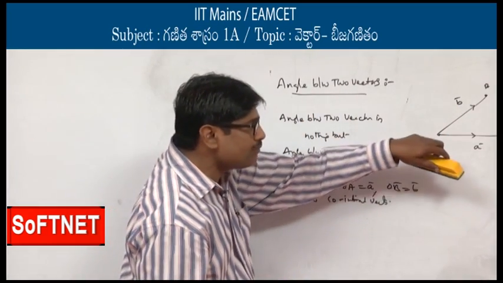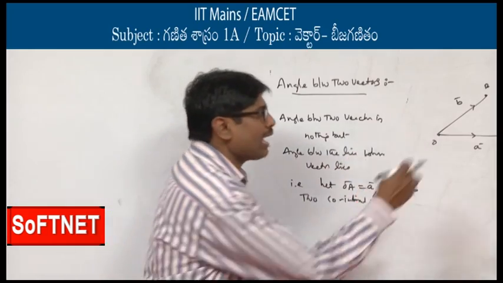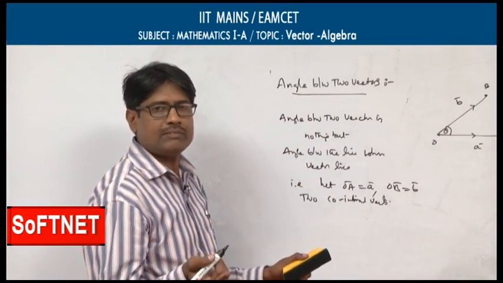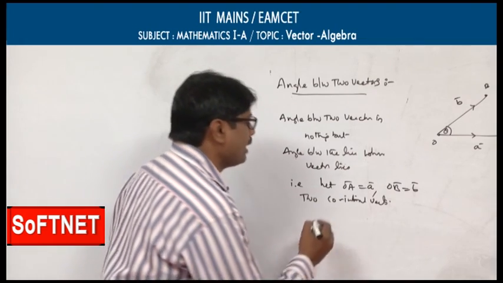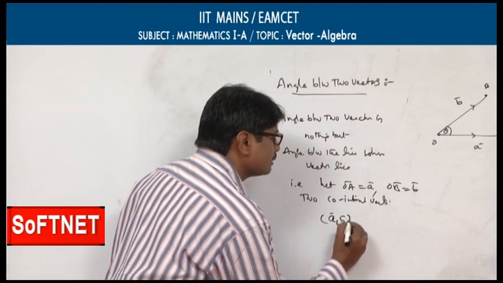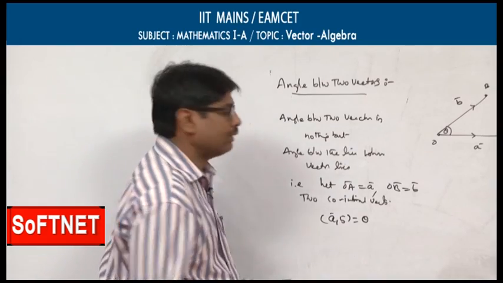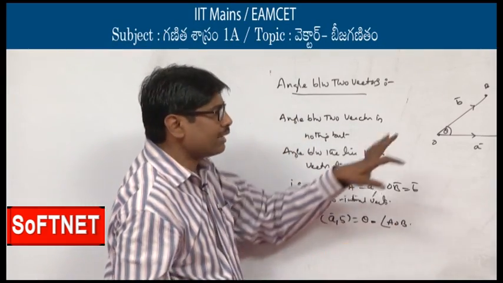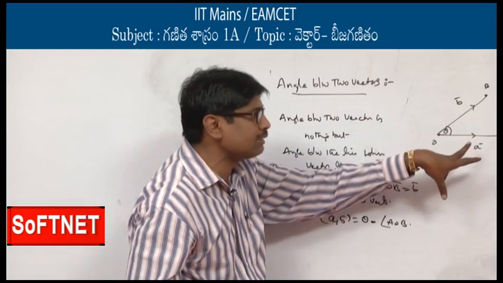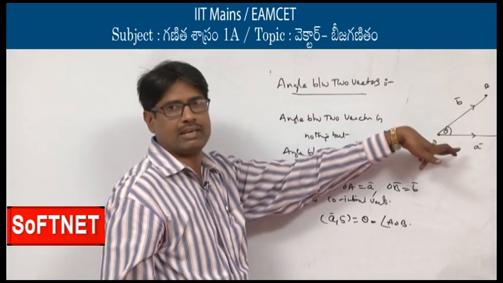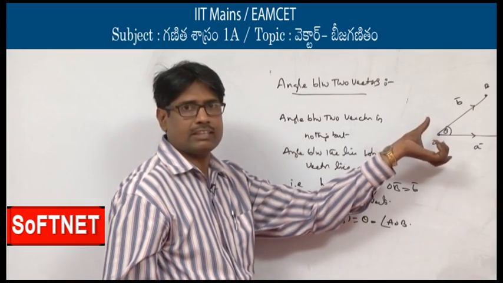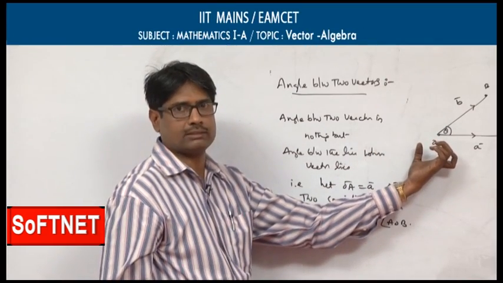Then the angle between A bar and B bar is nothing but angle AOB, that is theta. Generally, the angle between the two vectors is written as the ordered pair A bar comma B bar equals theta, that is angle AOB. It is not concerned with the direction, it is only the angle between the two lines.